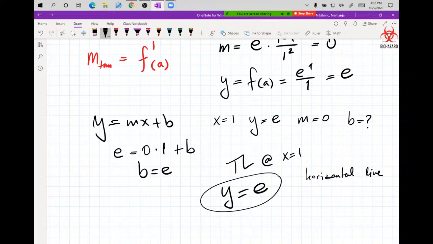It's a horizontal line, y equals e. Remember, your slope m is 0. So you're going to write y equals 0 times x plus b.